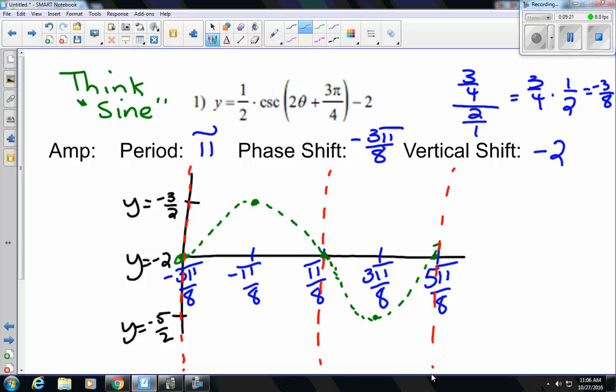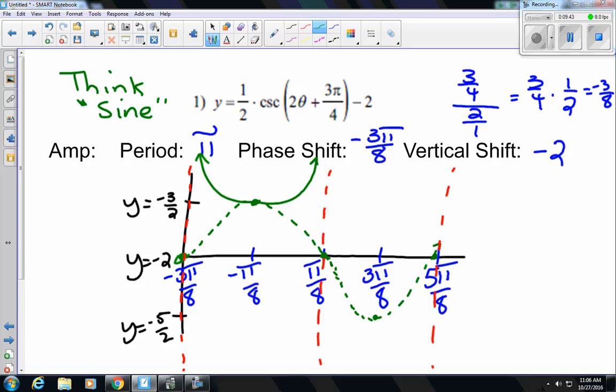Now we get to the actual cosecant graph, which I think if you've looked at WebAssign you may have seen before. What we're going to do is find the max and the min, or the peak and the valley on the sine graph. Where I have a peak, I'm going to draw what's called a branch upwards.